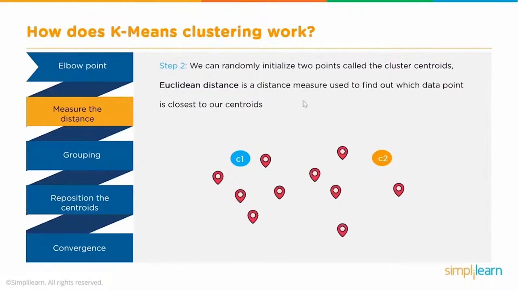For example, these points are very obviously closest to C1, whereas this point is far away from C2. So the points which are close to C1 will be assigned to C1, and the locations which are close to C2 will be assigned to C2.